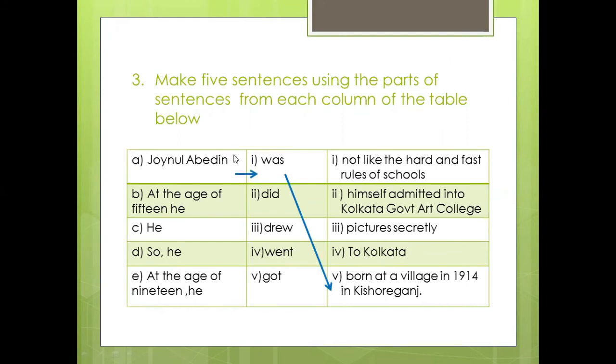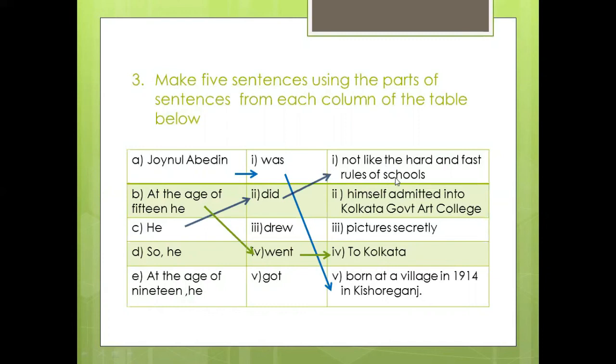Joinul Abidin was born at a village in 1940 in Kishorganj. Then number B, at the age of 15, he went to Kolkata. Then number C, he did not like the hard and fast rules of school.